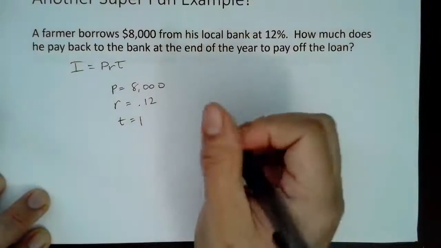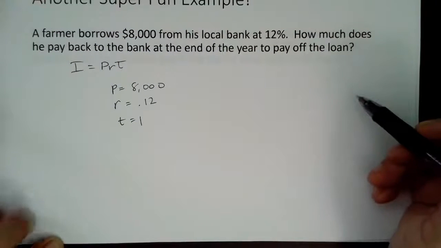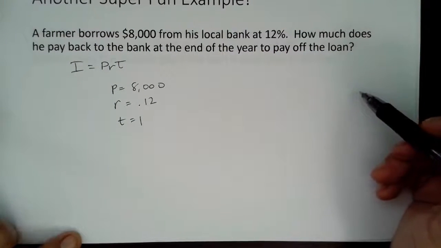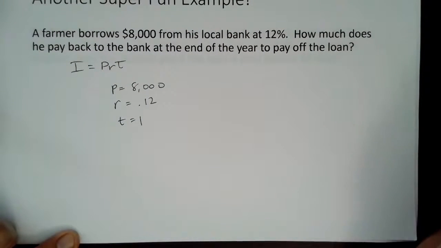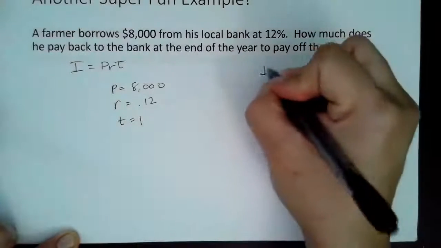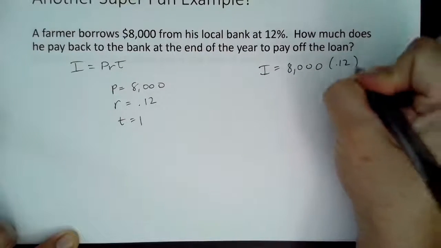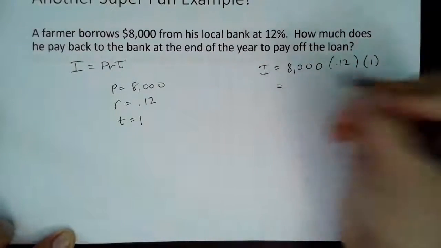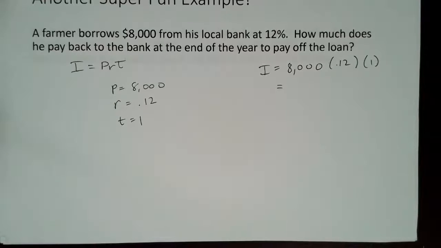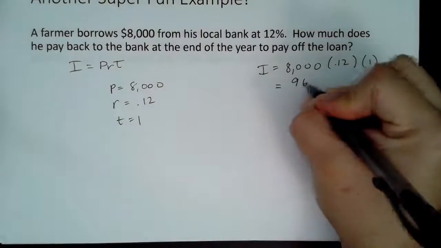Okay, so the interest that he accumulates from the loan is going to be 8,000 times the 12% for 1 year. So what is that? $960.